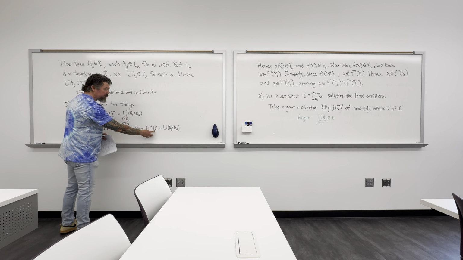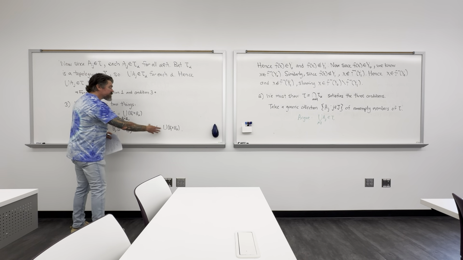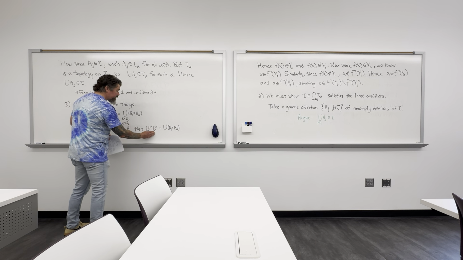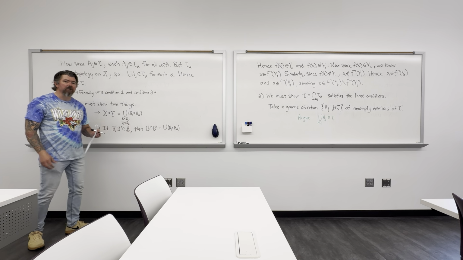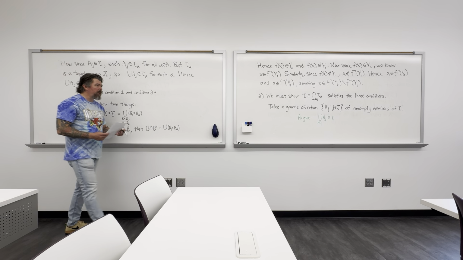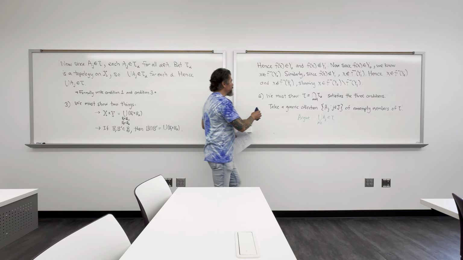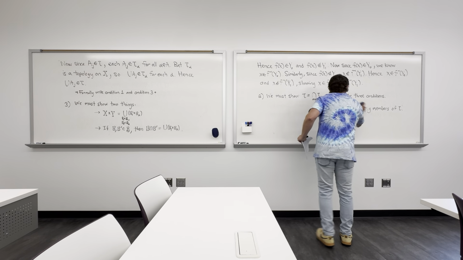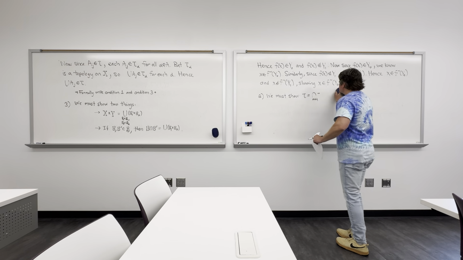B prime can be written as some B1 prime cross B2 prime. And then using some set theory, we can argue that this intersection equals something that looks like this. So look back at the exam 1 review and your homework for that problem.